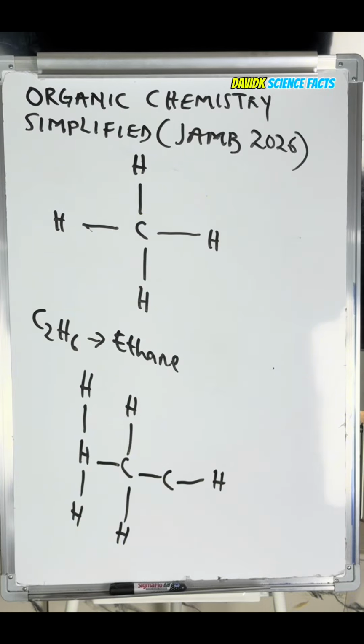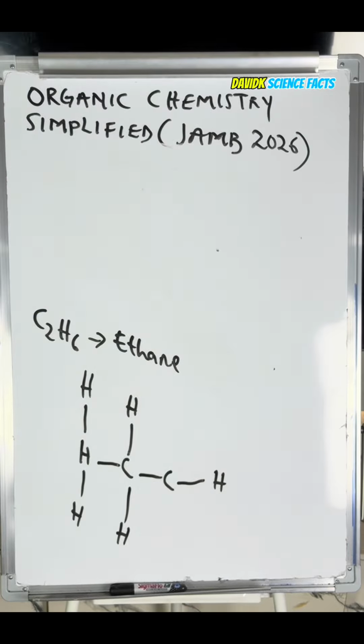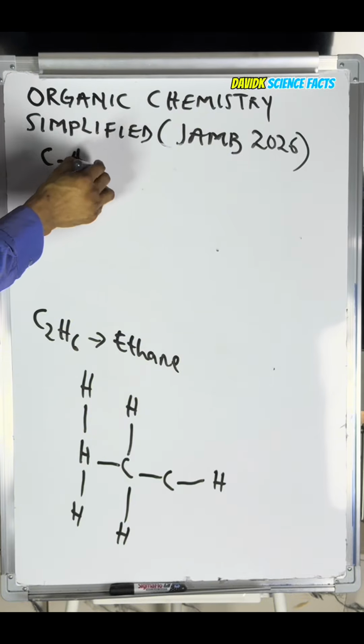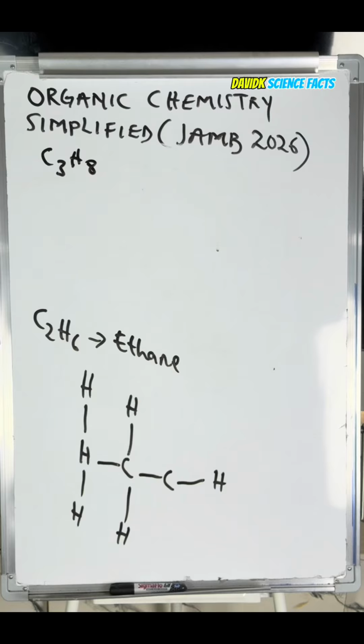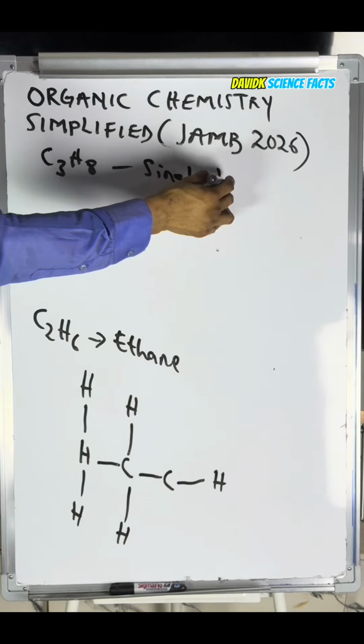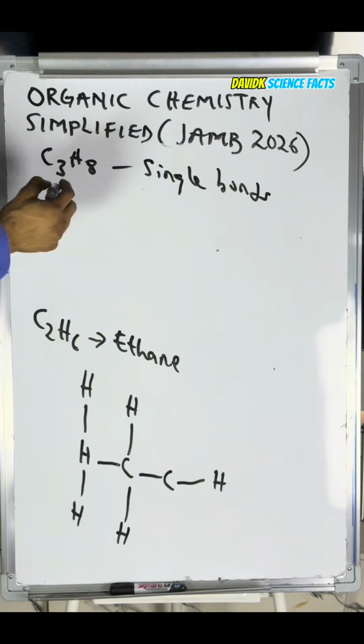Then we have propane, which is C3H8. Take note, C3H8 is propane. It is still an alkane because they all have single bonds. So you have something like this.